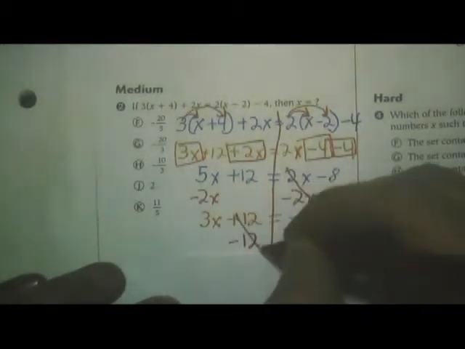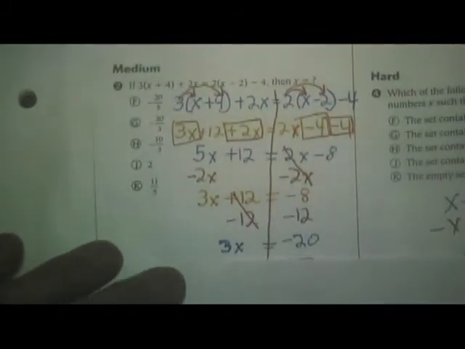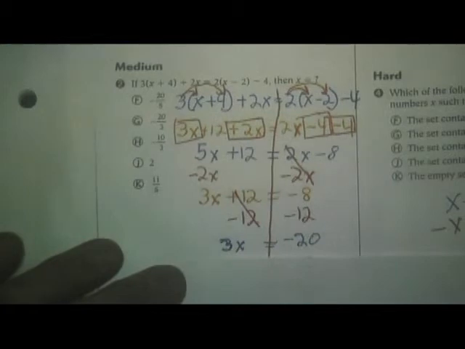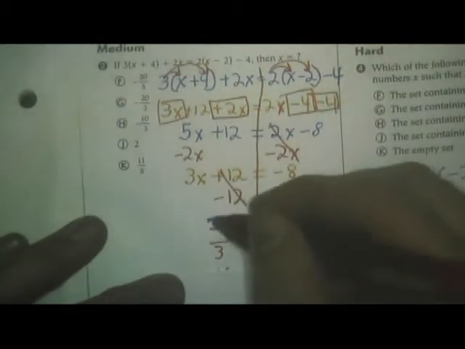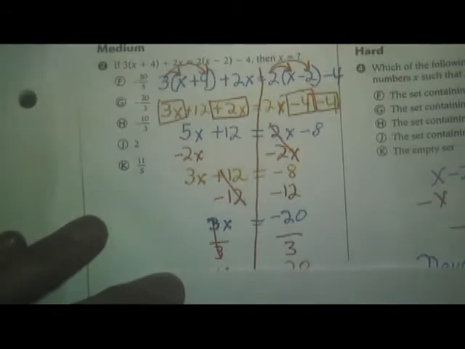So I subtract 12 from each side of the equation, giving me 3x equals negative 20. And finally I have to divide by 3 on each side of the equation, giving me x equals negative 20/3, or G.